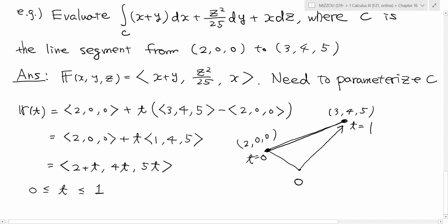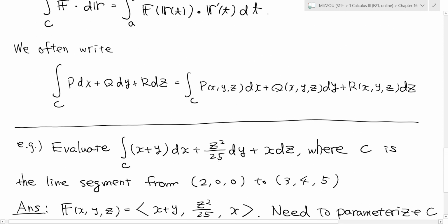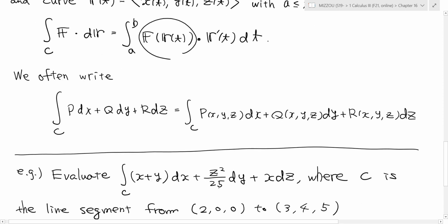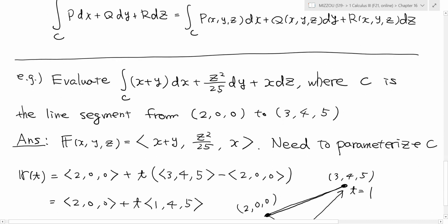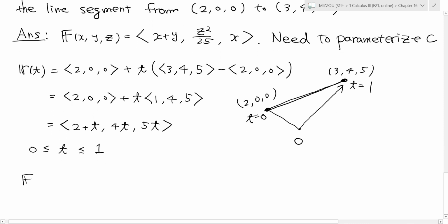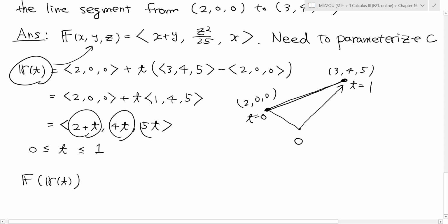Okay. After we are done with this, all we have to do is plug everything into this formula here. To use the formula, you have to compute this and this. So f of r of t means that you plug the parameterization in here, where x is this, y is this, and z is this.